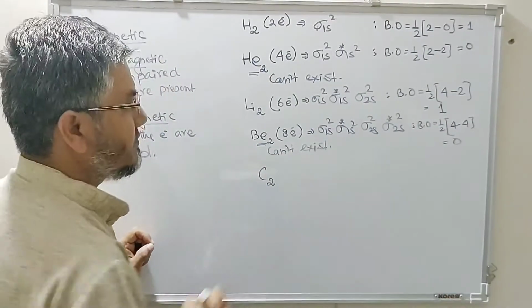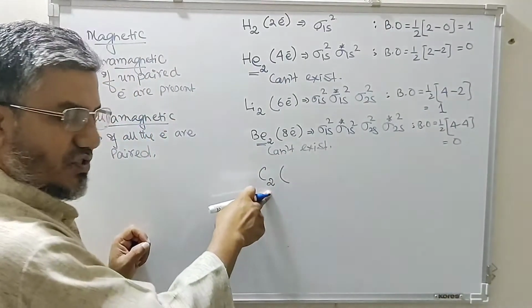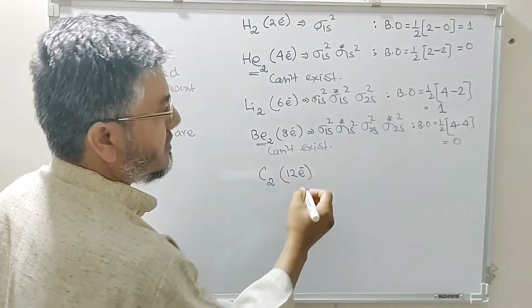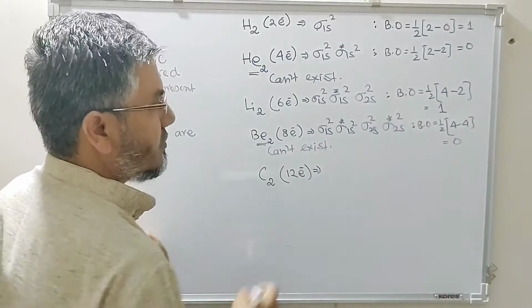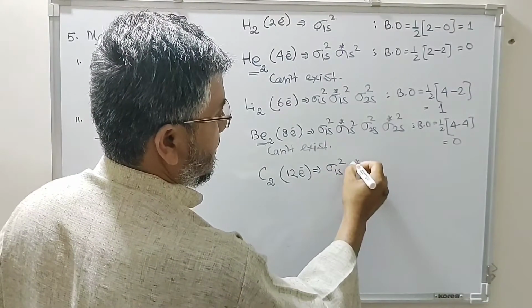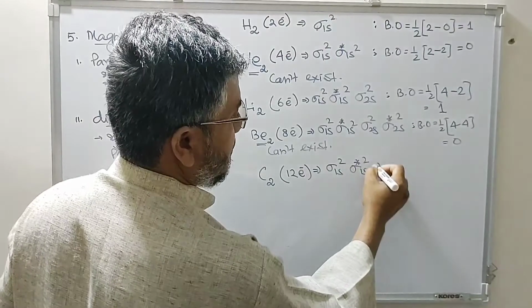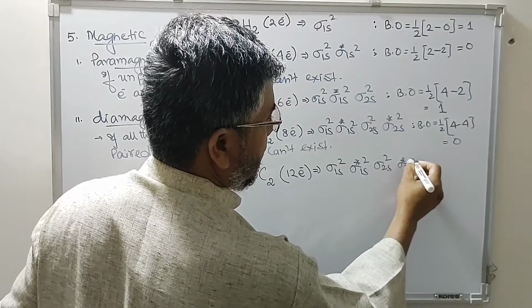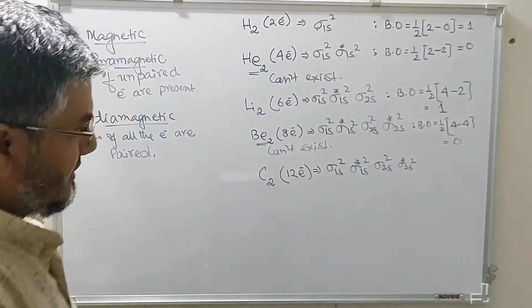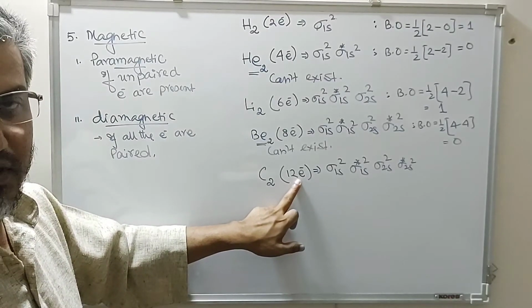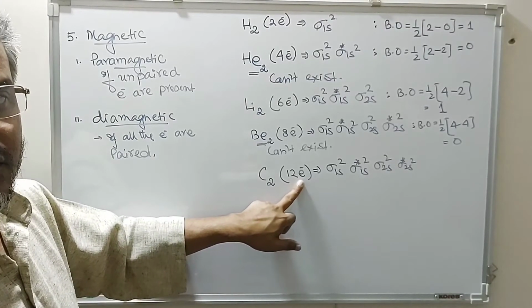Similarly, we'll take some other example, the C2 molecule. The atomic number of carbon is 6, 6 into 2, 12 electrons. Electronic configuration: sigma 1s2, sigma star 1s2, sigma 2s2, sigma star 2s2. Now the number of electrons is less than or equal to 14.